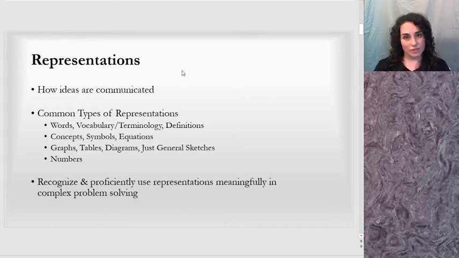And so it's not just, I'm going to do some algebra and numbers. There's much more going on in there. And the nuances of how I coordinate these different representations into scaffolding my problem solving will become a skill that you practice and practice. And so we are going to use representations meaningfully in complex problem solving.